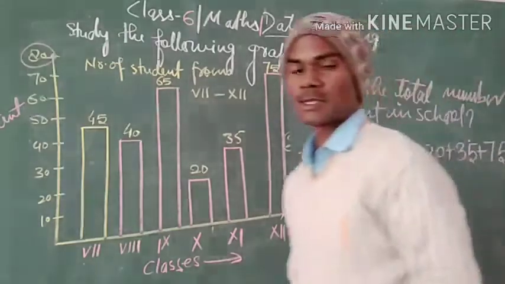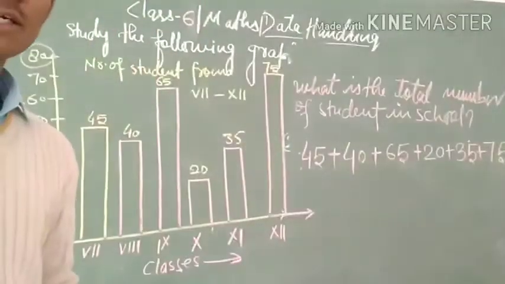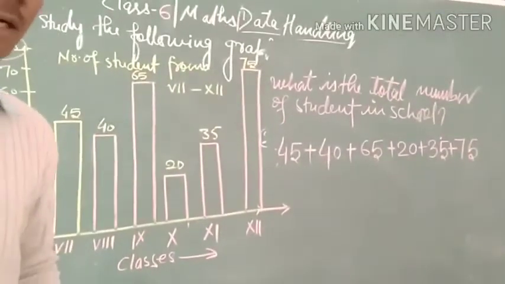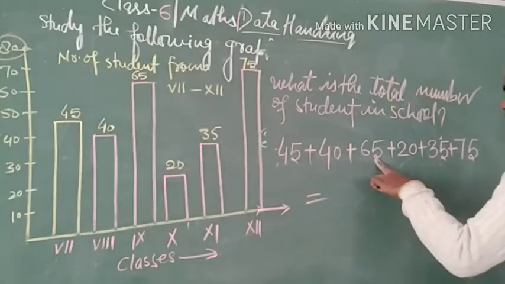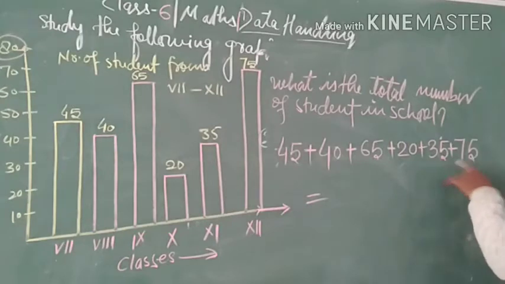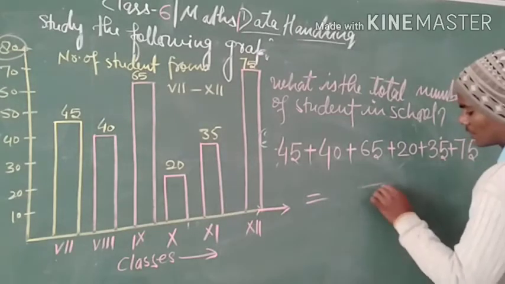Now let's add them. 5 plus 5 is 10, 10 plus 5 is 15, 15 plus 5 is 20.